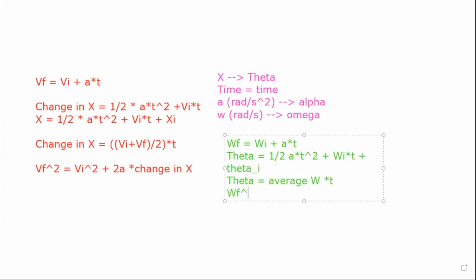Lastly, we have the final angular speed squared is equal to the initial angular speed squared plus 2 times alpha, which is our angular acceleration, times our change in theta. And those are the rotational equivalents. Now, I'll give you a second here to write this down and really take it in, and realize that we're just using the definitions to describe a lot of things.